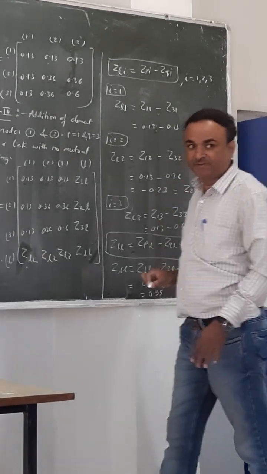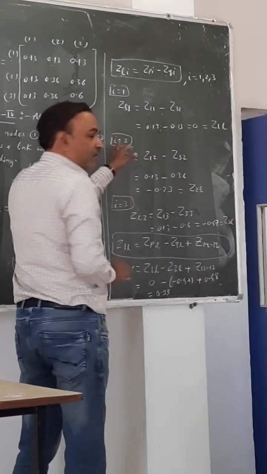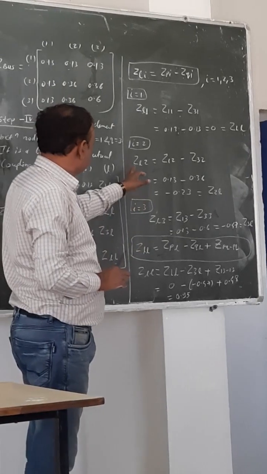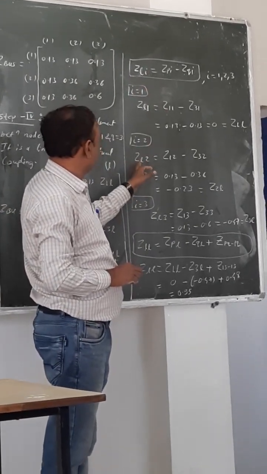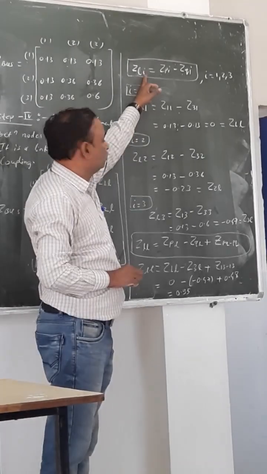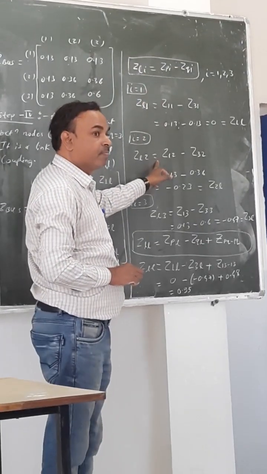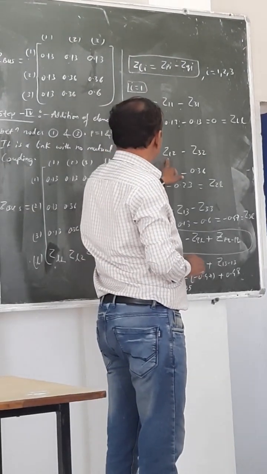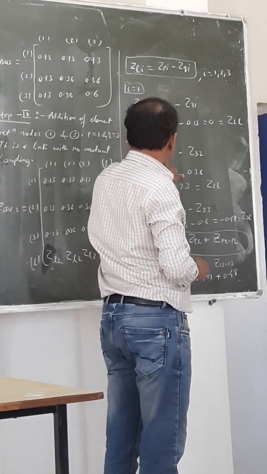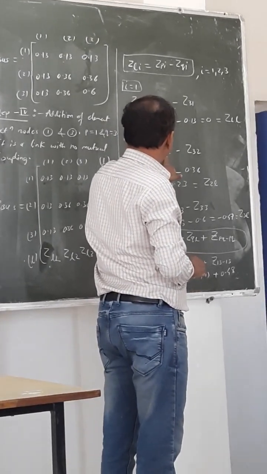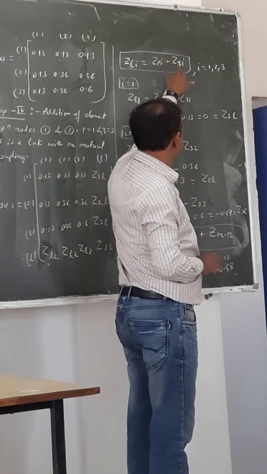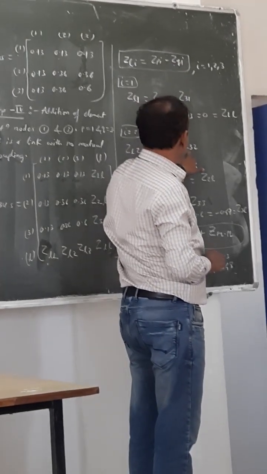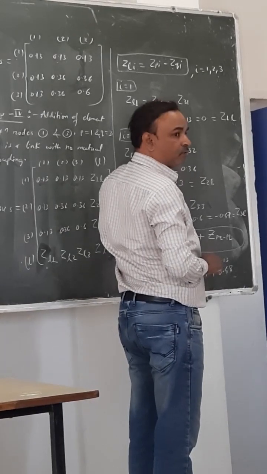Okay. Likewise, we will now put the value of i equal to 2 in the same formula. So ZLi, what is the value of i? 2, equal to Z, what is the value of P? 1. What is the value of i? 2. Minus, what is the value of Q? 3. What is the value of i? 2. Is it clear?